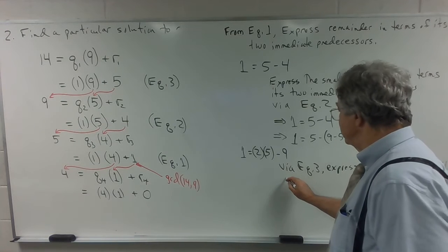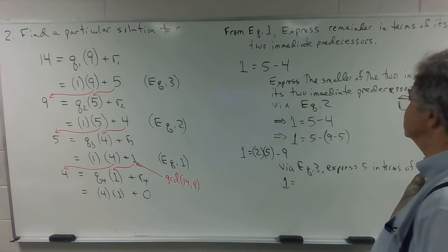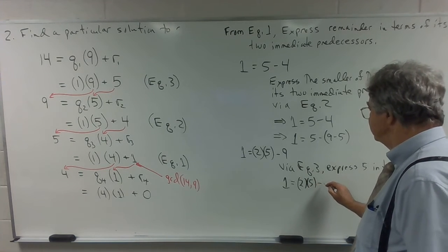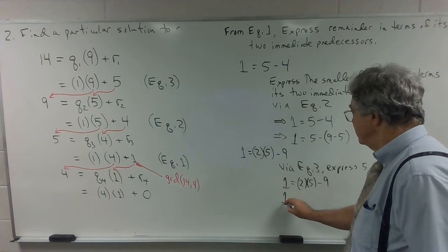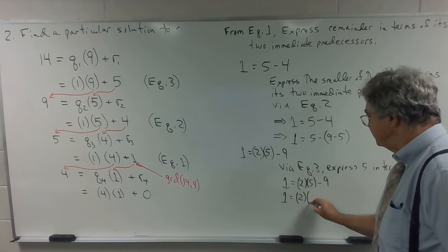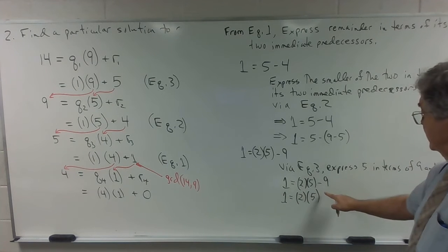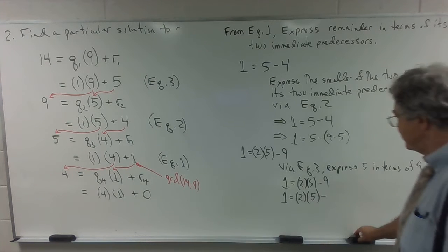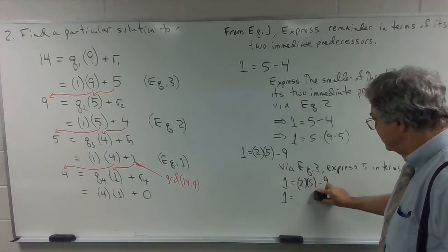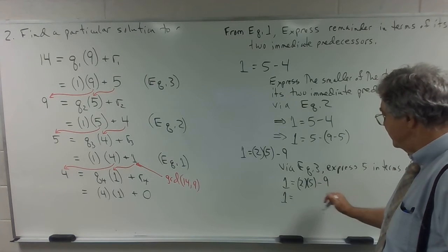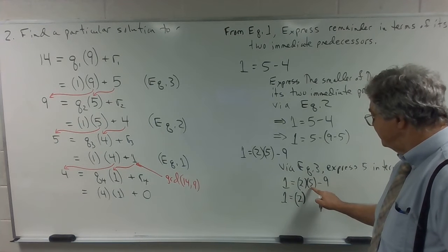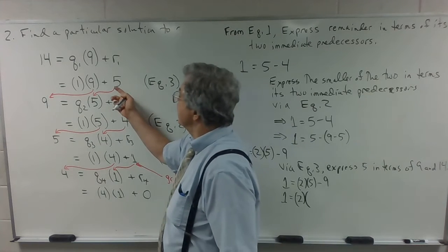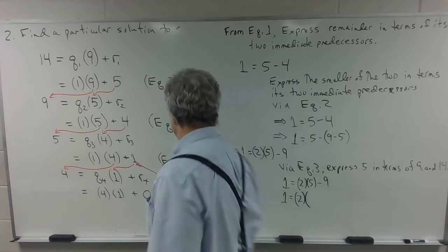So let's see, we have 1 equals 2 times 5 minus 9. I'm being an idiot, excuse me. The smaller of the two, 5 and 9. So I've got to take 5, and using equation 3, I have 5 equals 14 minus 9.